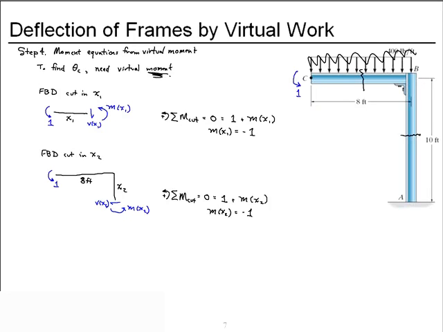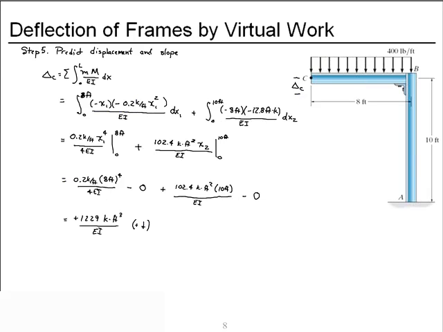We then took off the virtual force and applied the virtual moment so that we could generate the equations we'll need in order to predict slope at point C. Again, using the same x-coordinate systems and the same direction for moment on our free bodies, we obtain the virtual moment equations.